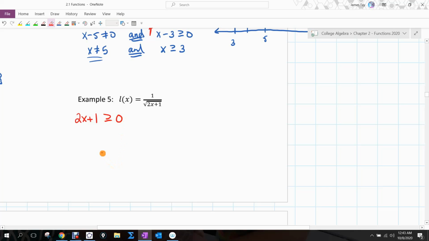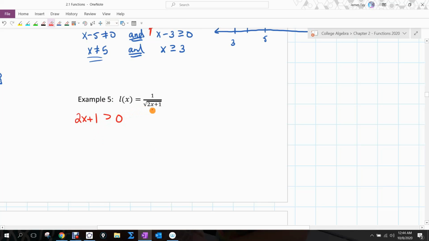Okay, because we can take square root of 0. So we can have 2x plus 1 is greater or equal to 0. But because this root is in the denominator, you cannot have the equality aspect. So in this case, we just want to say 2x plus 1 is greater than 0.